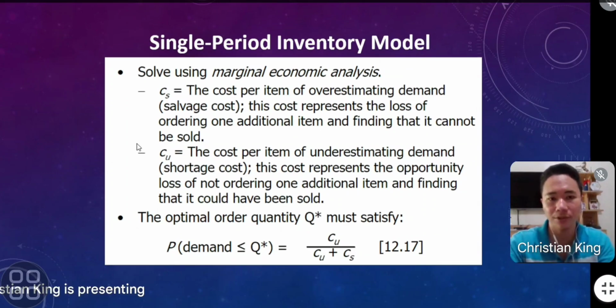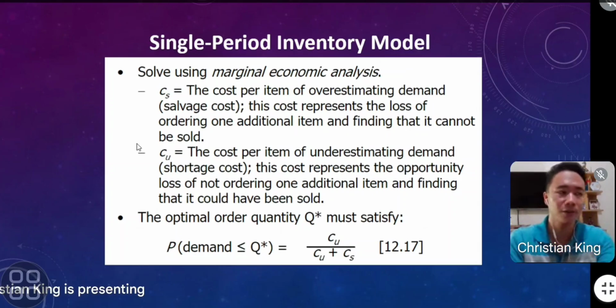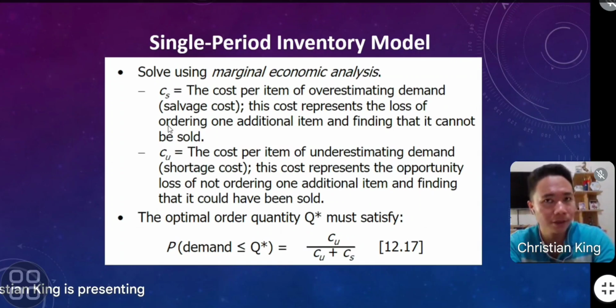This gives you the answer and product of a single period inventory model. By this, you can use this equation to have a better solution for another season of uncertain demand. And I believe that's our report for the day.